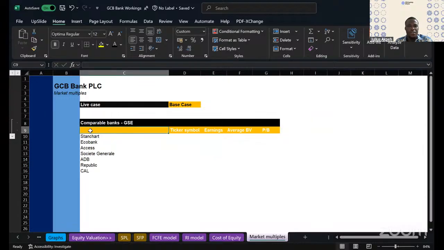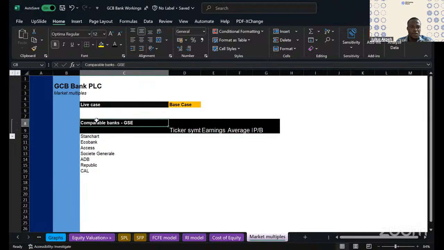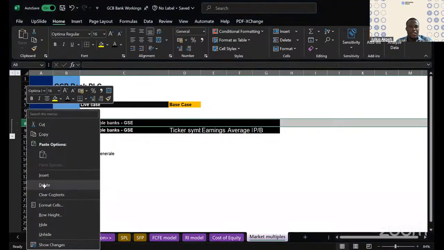For the banks, comparable companies, or maybe I can even, let me look at this. Okay, so let me rather say the comparable company here, and so I can delete this. I don't see why I should have this here.